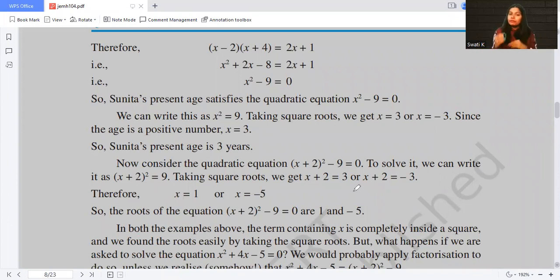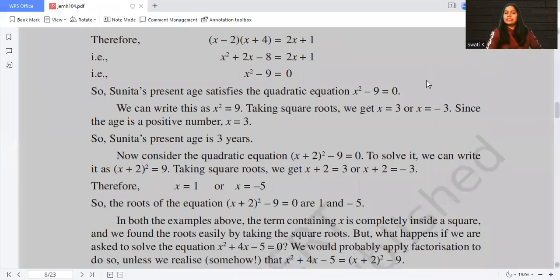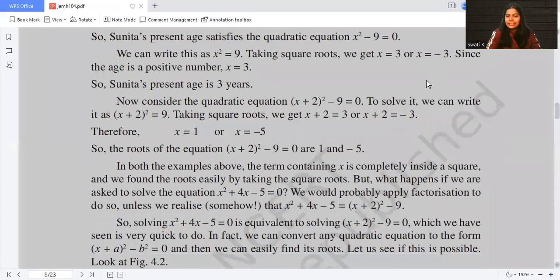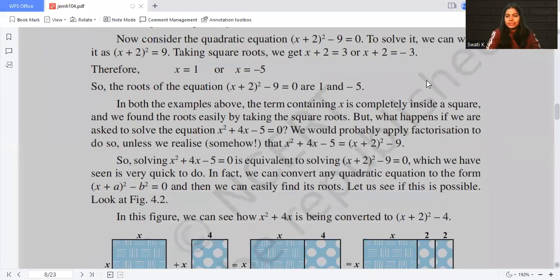When we are solving using this method, we call it the completing the square method. You will see how easy it is to solve using this.